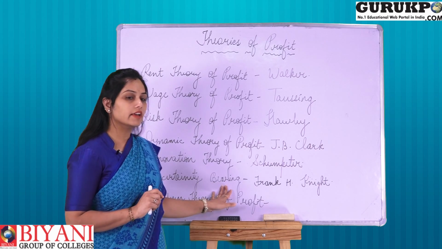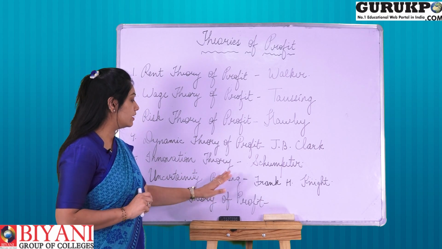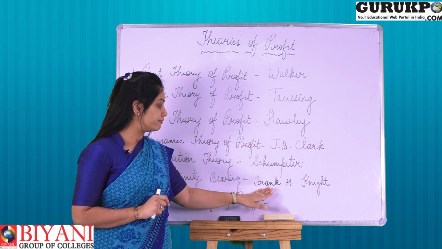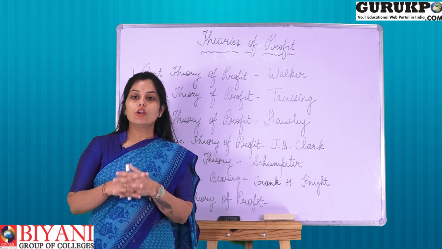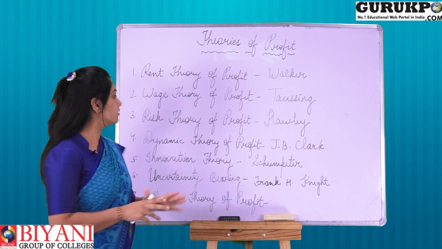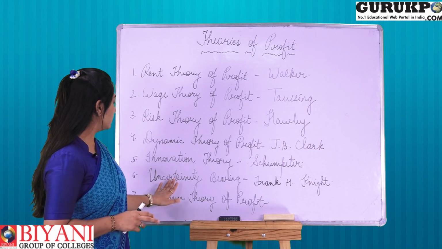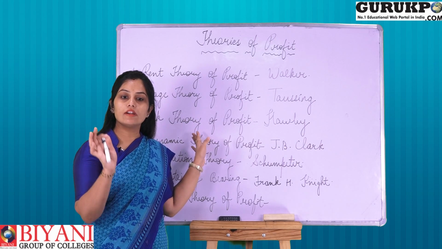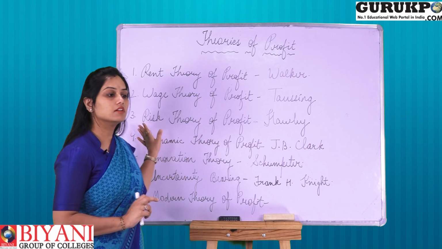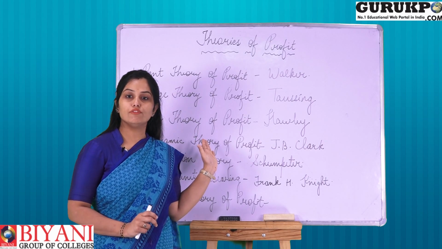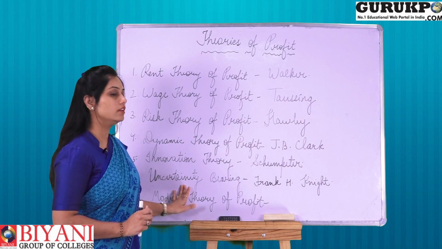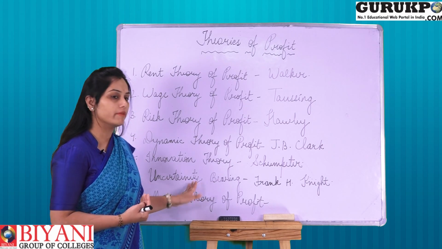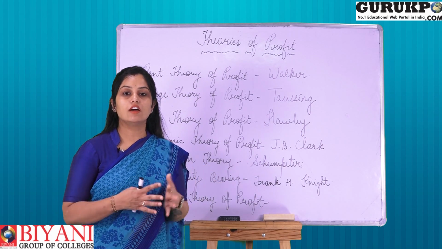Next is the uncertainty bearing theory of profit. This theory is given by Frank H. Knight. What is the difference between risk and uncertainty? With risk, we are somewhere already mentally prepared about what can happen in the near future. With uncertainty, we don't know about it. These kinds of problems come all of a sudden and we are not prepared.